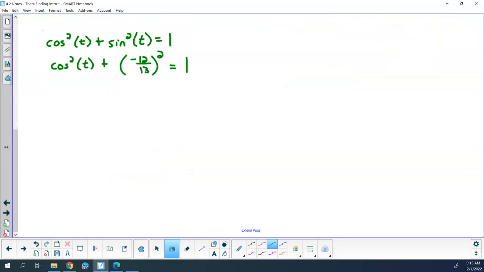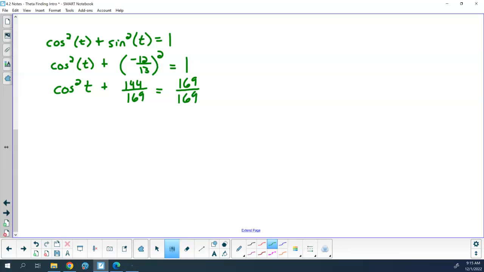Extend that page down here so we can do some more fun maths. Cosine squared of t plus, well, negative 12/13 squared is 144 over 169. And instead of writing 1 as 1, I'm going to write it as 169 over 169.